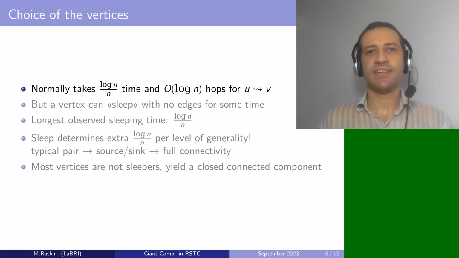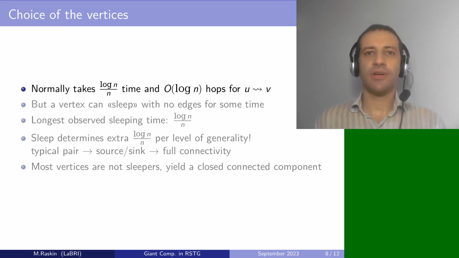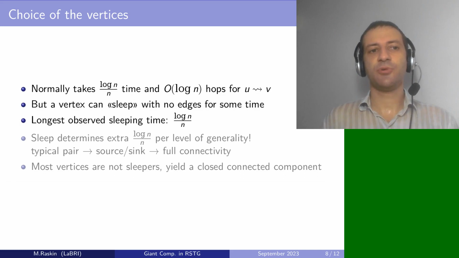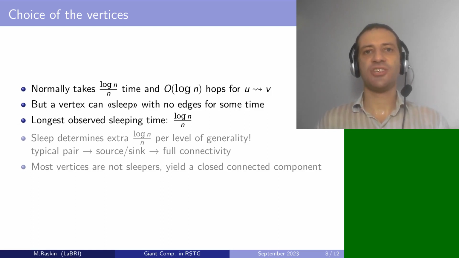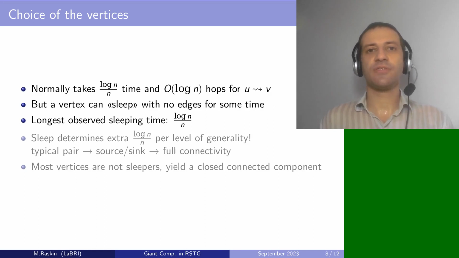If we rescale the time so that by time p we have density p of edges already having appeared, then normally for a pair of vertices it takes time log n over n to establish connectivity, with O of log n hops. However, it is possible that a vertex has no new edges even though a lot of edges appear elsewhere in the meantime. And the longest observed sleeping time is basically log n over n.